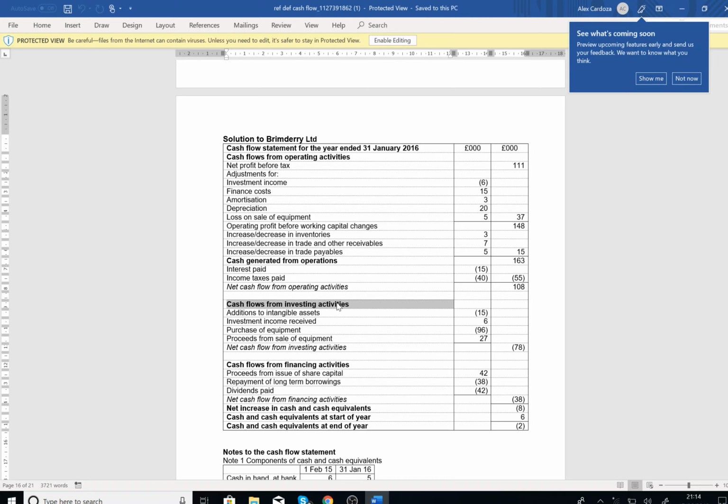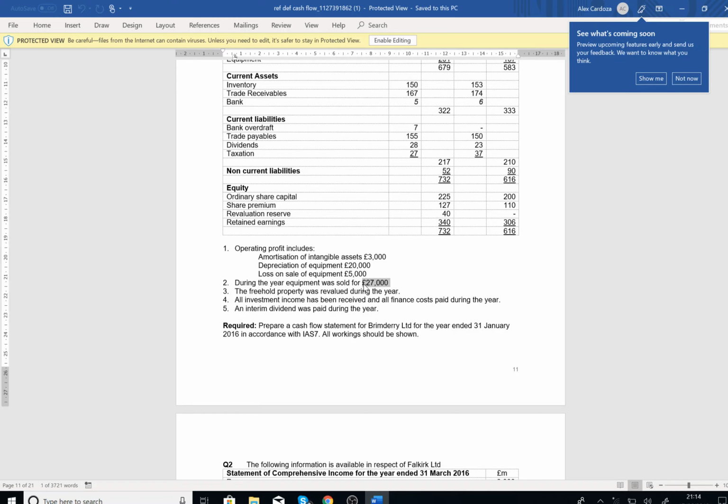Okay. Proceeds from the sale of equipment, 27. That's simple. It's just here. They've given you that, so you have to add that into investing activities, because anything to do with investment activities comes from the sale or anything to do with buying or selling capital machinery, or buying and selling shares of another company, or any form of investment like that.